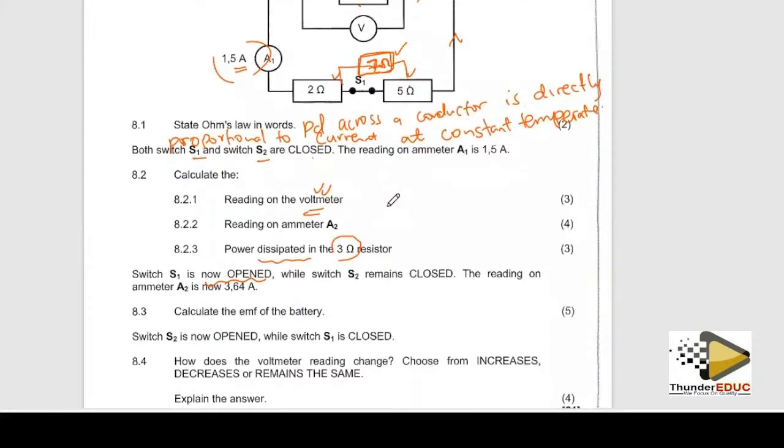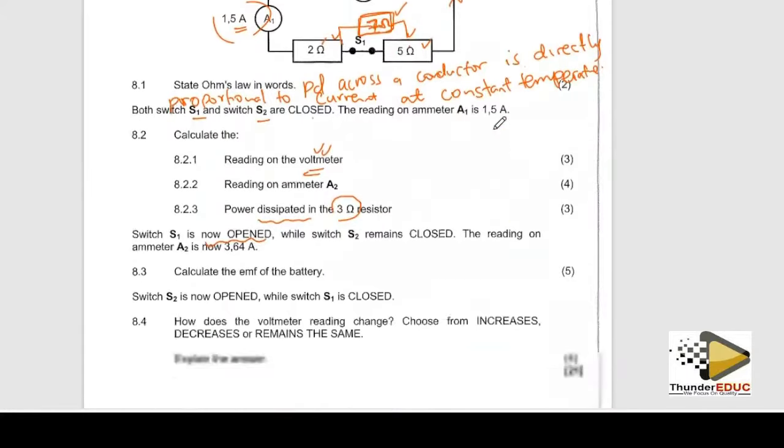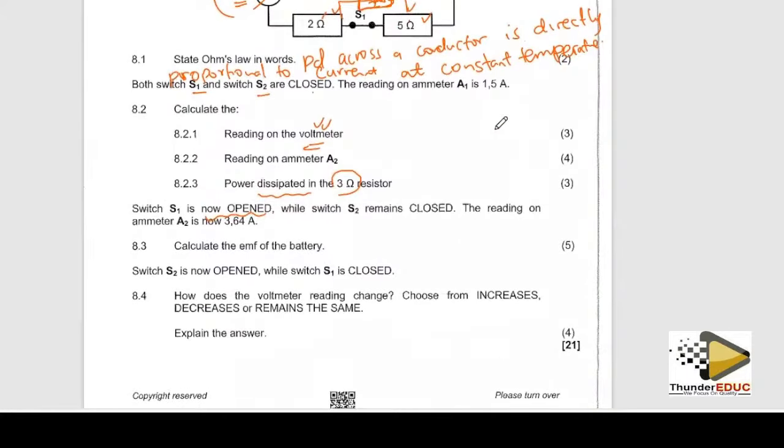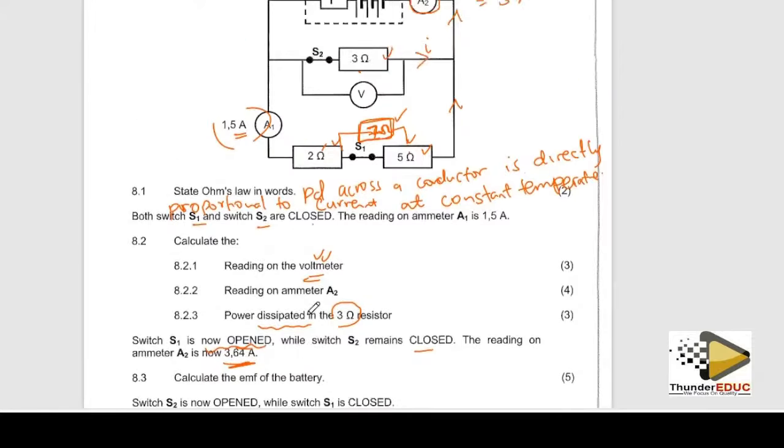So which means S1 is closed, and we shall have just the 2 ohm and then the 5 ohm. So they're asking us to calculate. No, skip the question, guys. Sorry. S1 is opened while S2 remains closed. The reading of the ammeter changes to 3.64. Can you calculate the EMF?